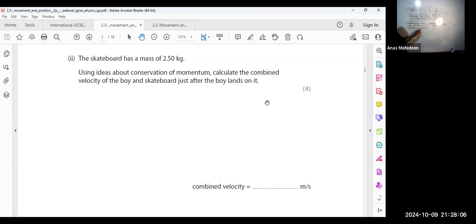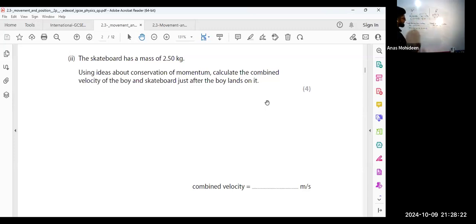I can write it as 0, but still I am showing you 2.5 into 0 is 0. Remember, an object at rest, even if it's 1000 kilograms, has momentum 0, because the velocity is 0.